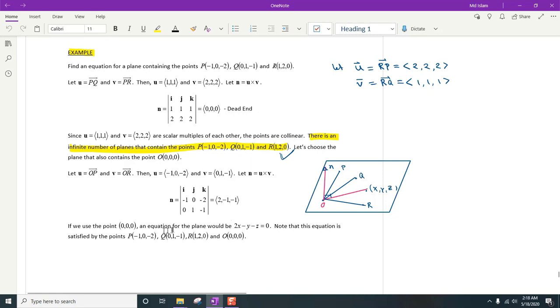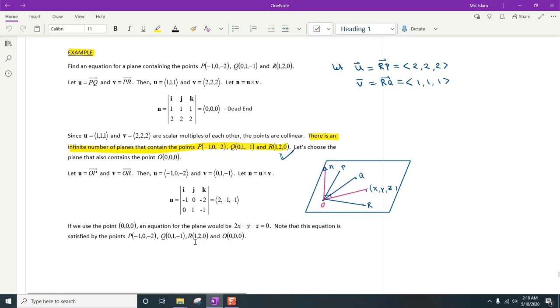After simplifying, we get the equation of the plane as 2x minus y minus z equals 0.